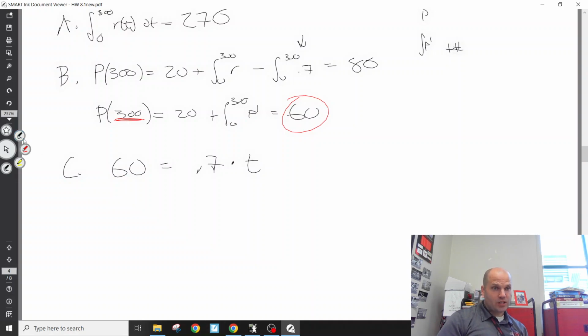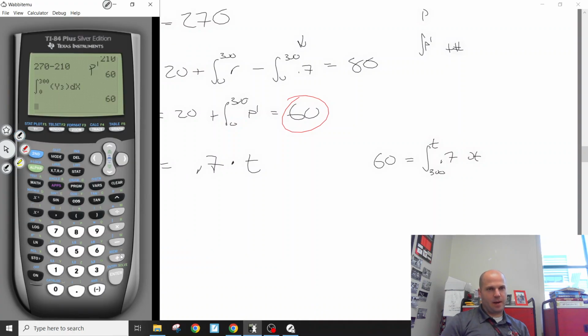Now, there are other ways to do this, which are a little bit confusing, but I'll show you. The total out is 0.7. From 300 to some time, we will get 60 out. I'm going to show you how you get the same answer.